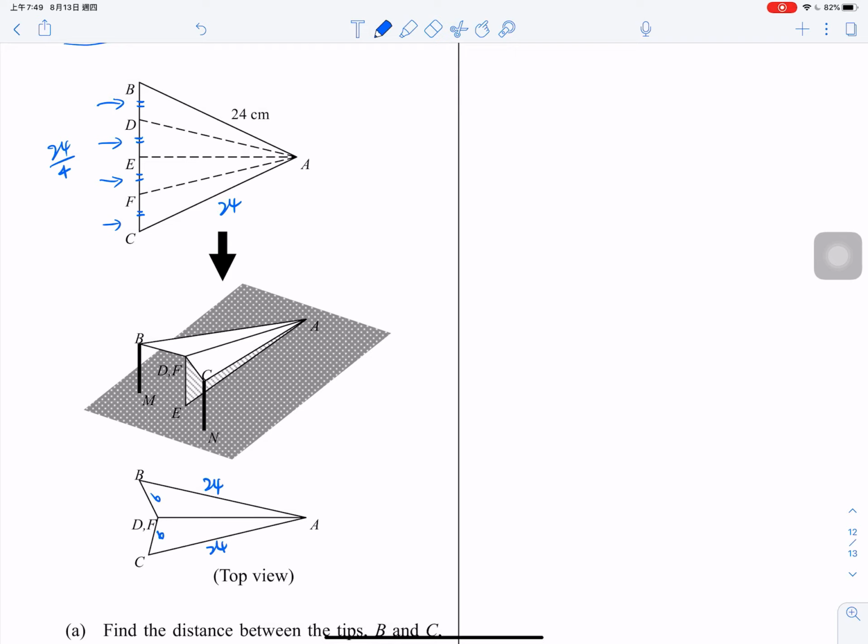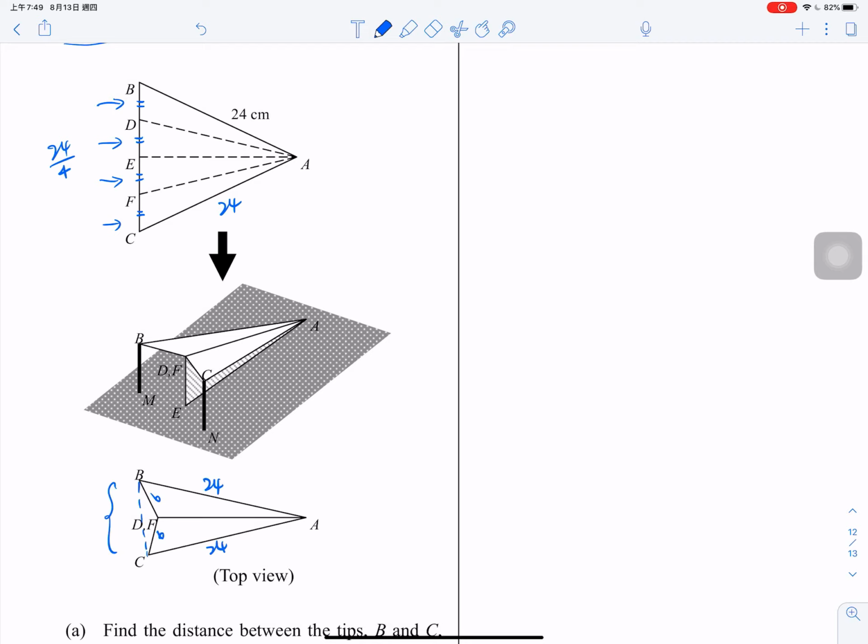So now we need to find the length between the tips B, C of the wings of the airplane.